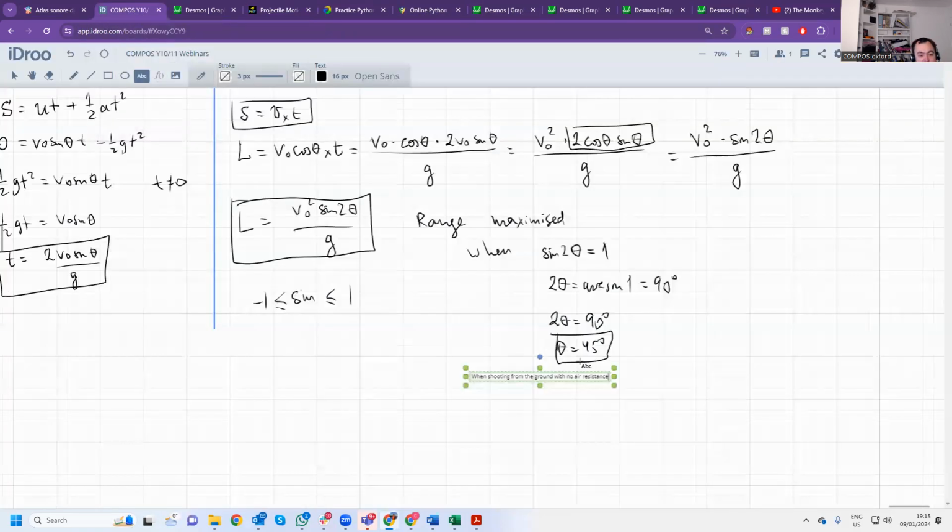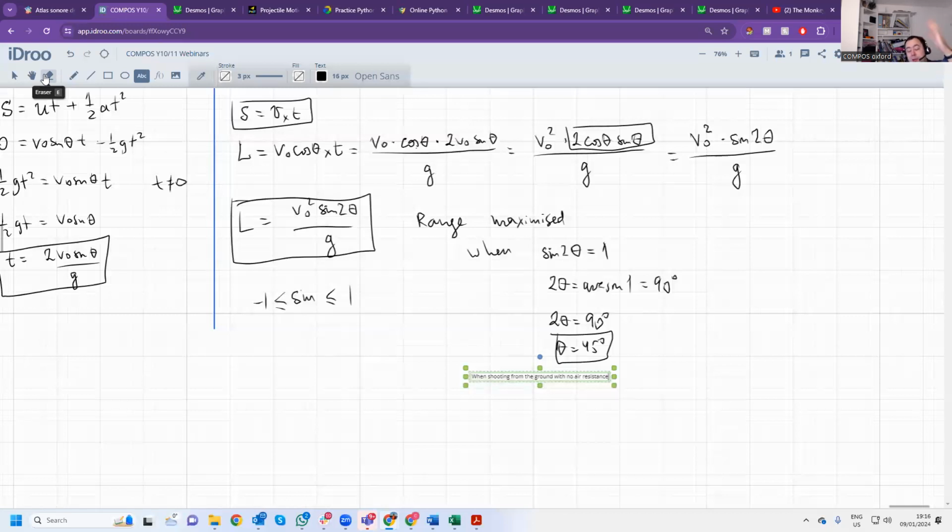for the proof. Now with air resistance, there's an interesting story. I think it was World War One. Germans designed a very powerful gun to shoot shells at very long distances, like 100 miles-ish range.